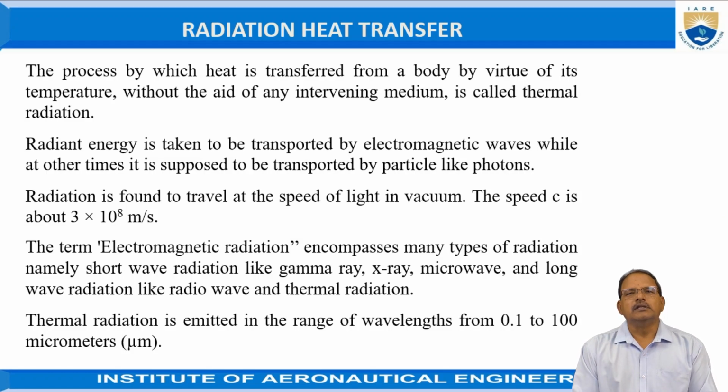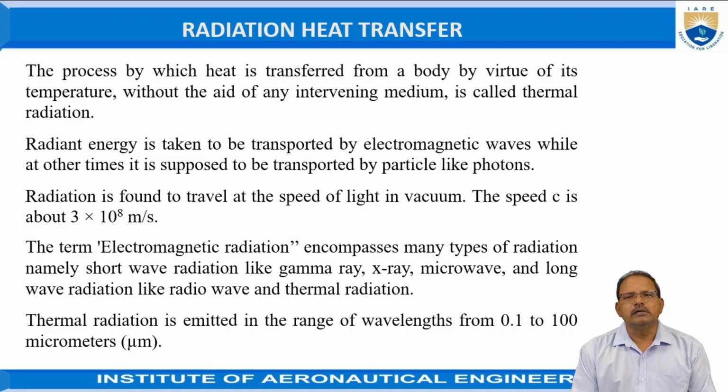The term electromagnetic radiation encompasses many types of radiation, namely short wave radiations such as gamma rays, X-rays, and microwaves, and long wave radiations like radio waves, and thermal radiation.